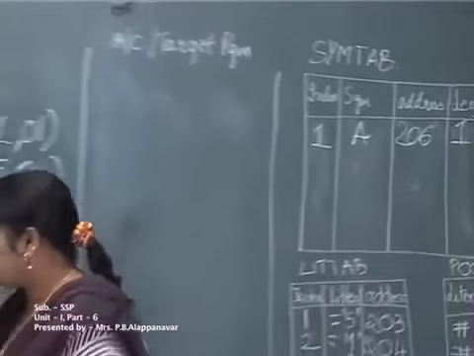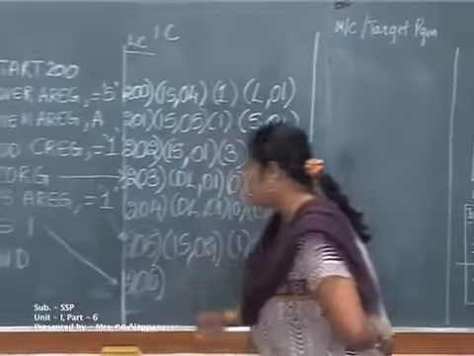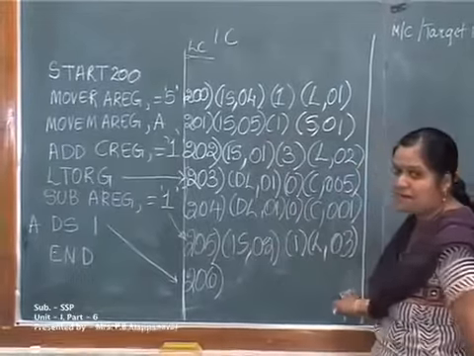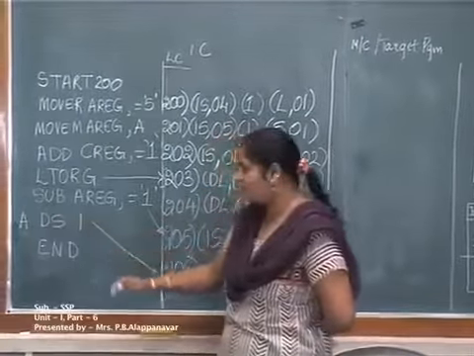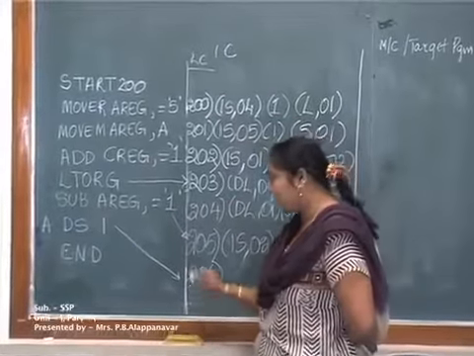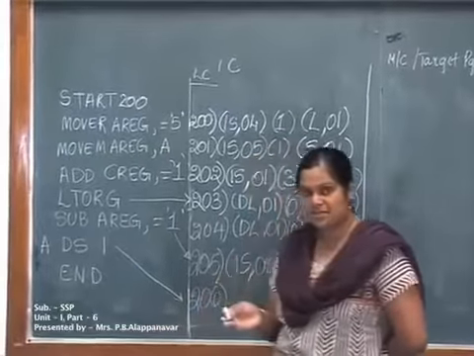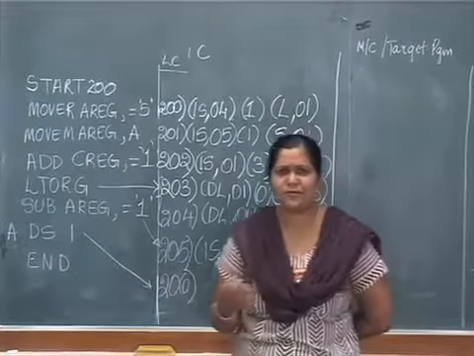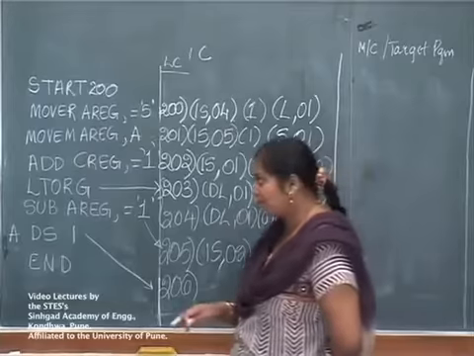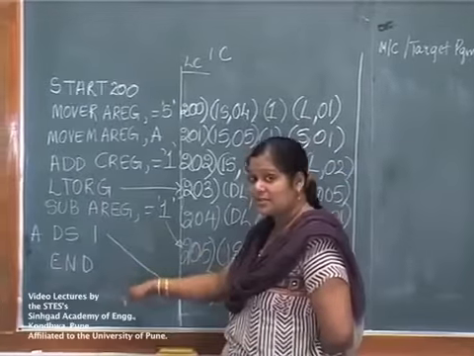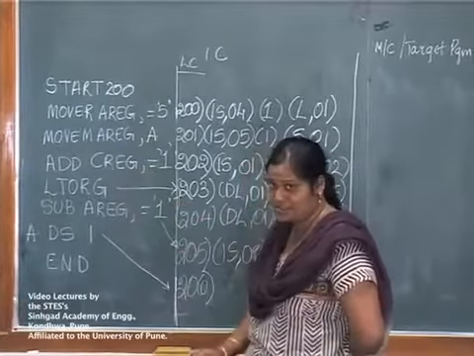And what do I write here for DS? I am not going to write any equivalent intermediate code because it is a DS statement. And finally I encounter END. Now if there were no literals in our program, we wouldn't have to write any intermediate code, but there are literals in our program, and we have encountered those literals after the LTORG statement.